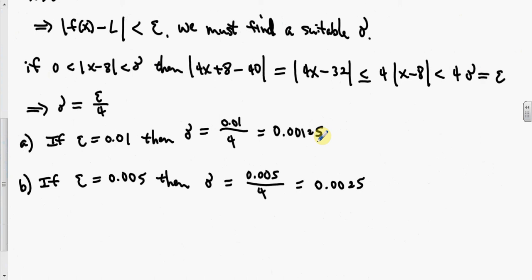And let me check that on my calculator. 0.01 divided by 4 is 0.0025. Excuse me. And down here, that's the 0.00125.